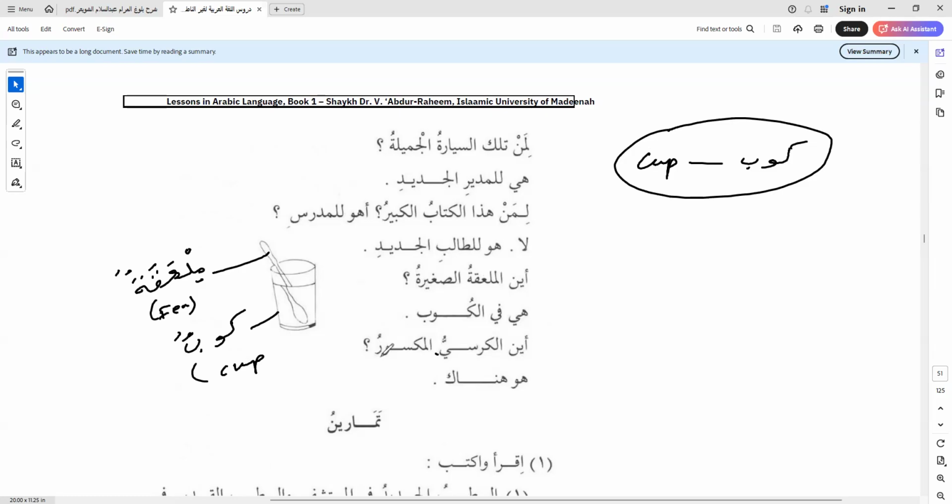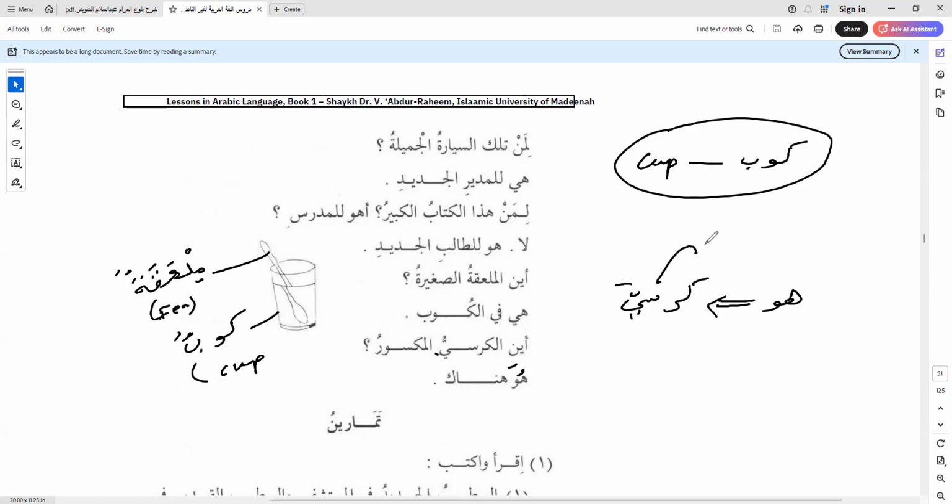أين الكرسي المكسور? Where is the broken chair? أين الكرسي المكسور? Where is the broken chair? هو هناك. It is over there. هو هناك. So you see that here, هو is used to refer to what? The kursi, the chair.